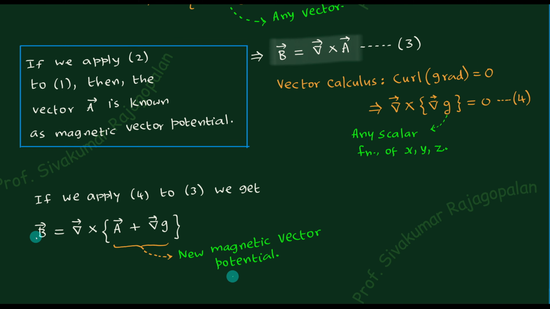So that is the important point. The original magnetic field is not at all changing, remember, right? Because this quantity is 0, right? Essentially I am adding 0 only to the magnetic vector potential, and therefore you have the arbitrariness, or what we call, you have the freedom. So that is the conclusion. So we will write down now what is the conclusion from this. Let us give equation number 5.